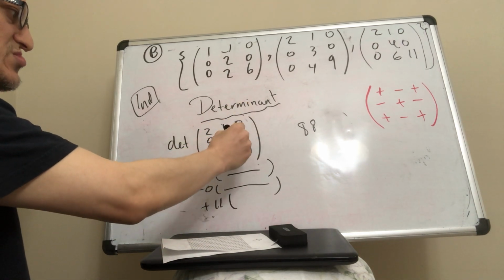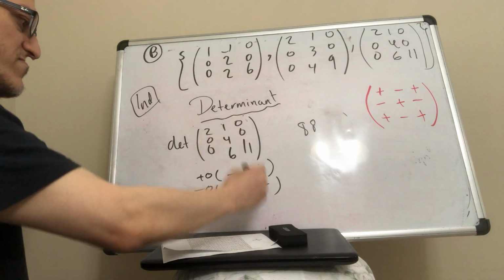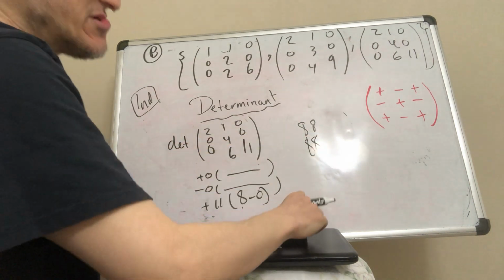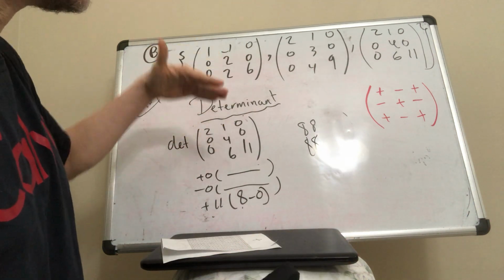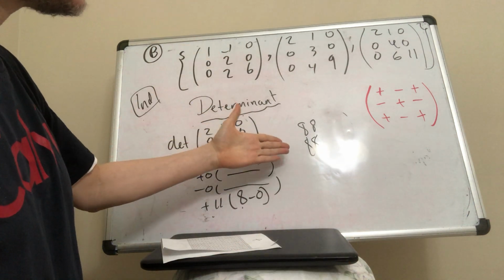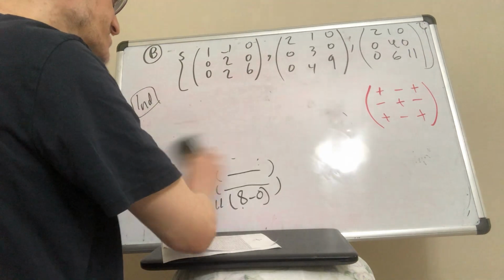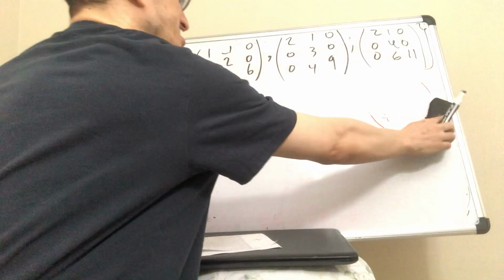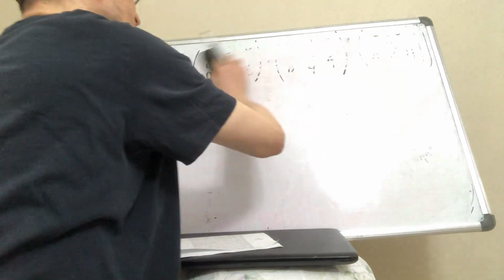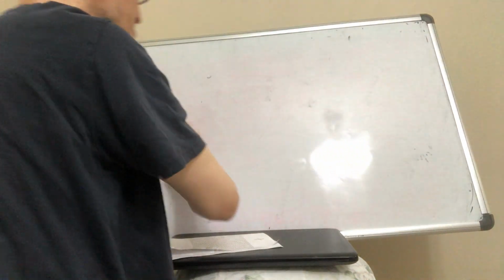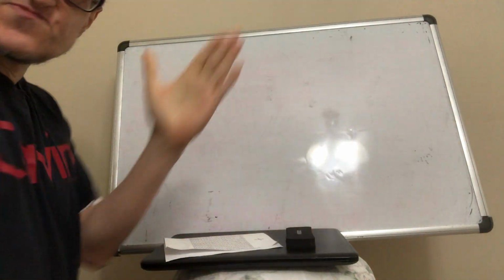Hide this and this. 2 times 4 is 8, minus 0, and 11 times 8 is 88. So either way you do it, in any column or any shape, you get a determinant of 88, not 0, independent. So that's a quick way of deciding whether a matrix is independent. It always benefits from the row or column that's all zeros.